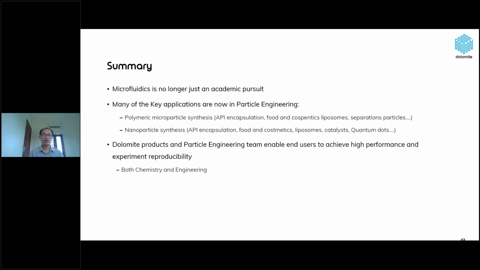And Dolomite's products are from the particle engineering team, which enables a user to achieve high performance and experiment reproducibility in both chemistry and engineering.